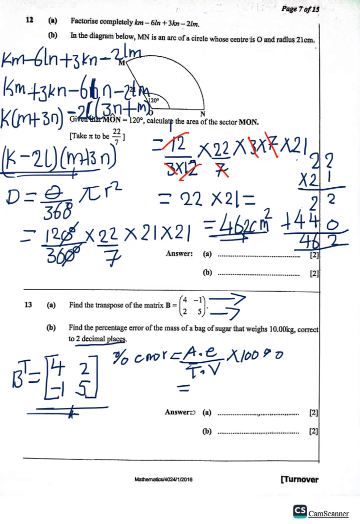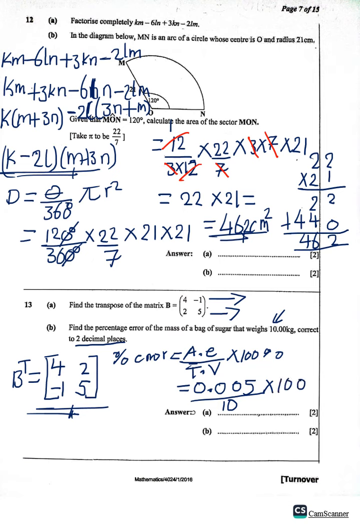whenever we have 2 decimal places, our absolute error should be 0.005 over the true value, which is 10, because that was the weight, times 100.